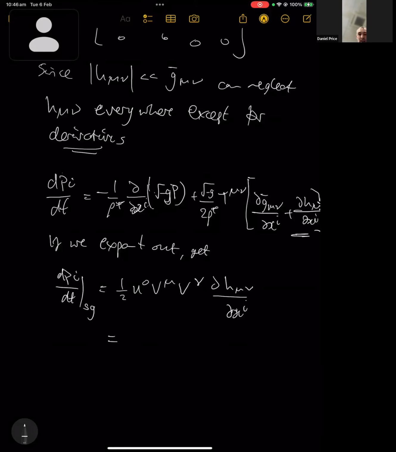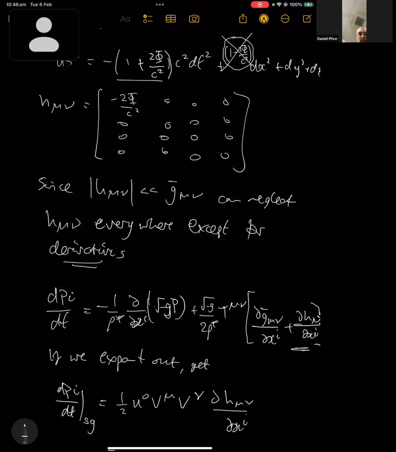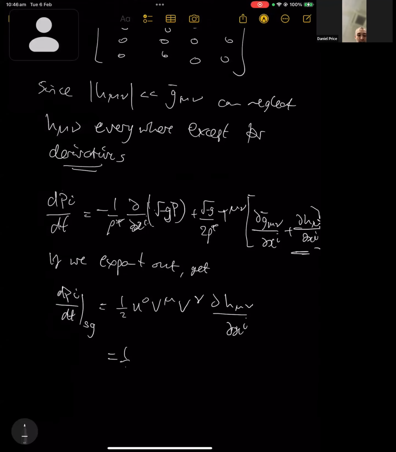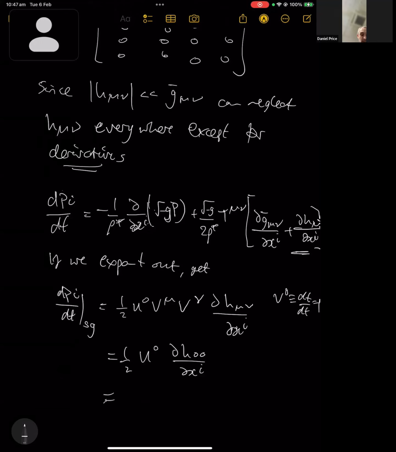Of course, the only non-zero component of our h mu nu is the naught-naught component. Now, v naught is by definition dt dt, which is 1. So these things become 1 and 1, and we get dh naught naught dxi. In other words, we get a minus u naught d phi dxi in the end.